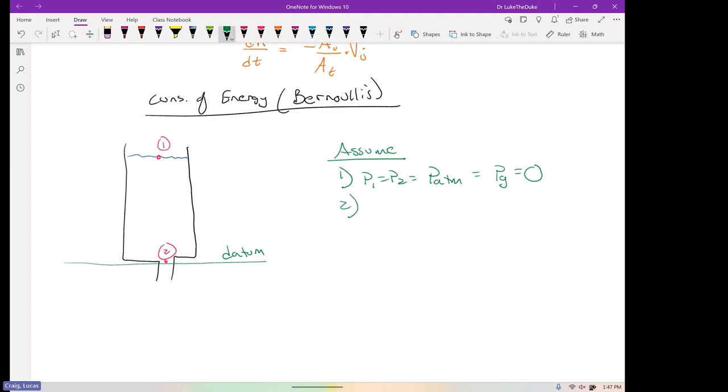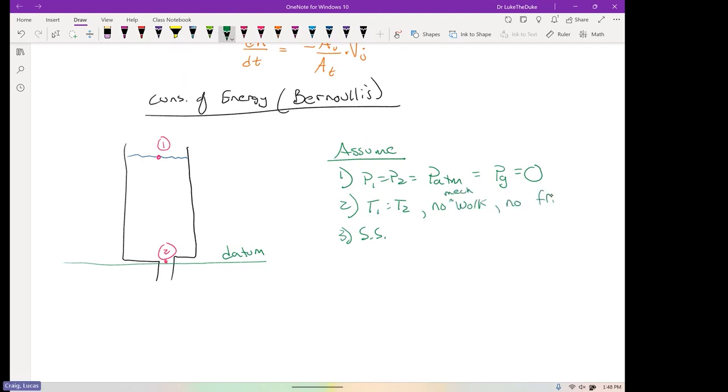Okay, keep going. What else can we assume? These are all the assumptions for Bernoulli's. What about the temperature at 1 and 2? Yeah, they stay the same. Sure, steady flow. There's no mechanical work, right?